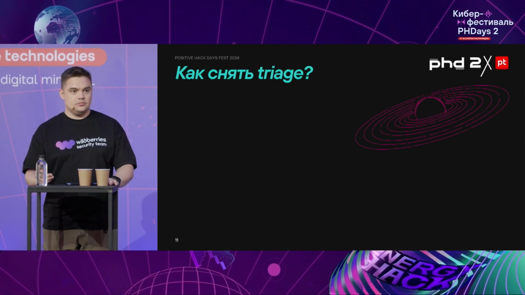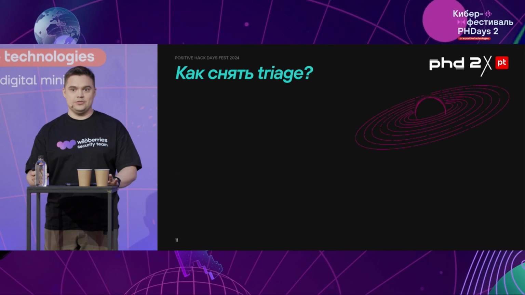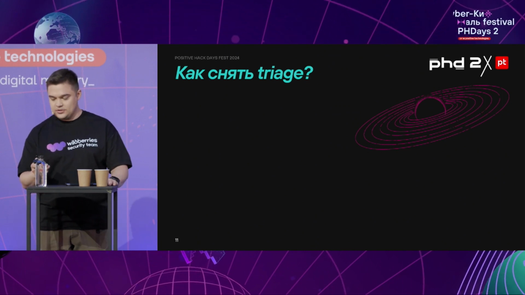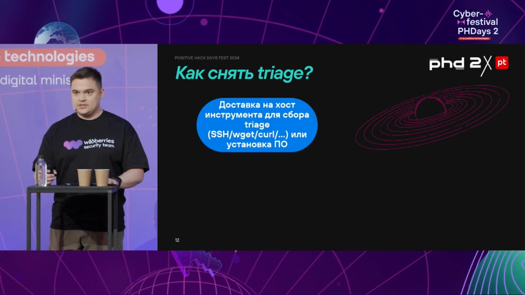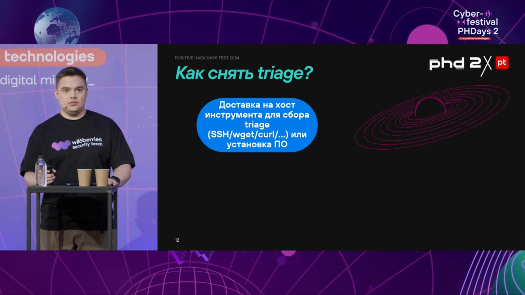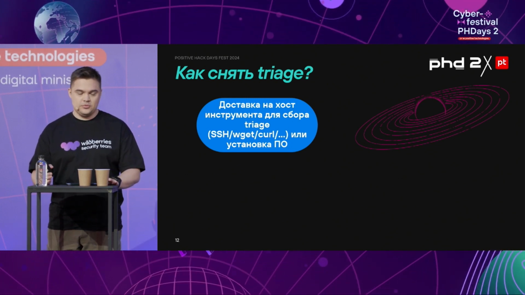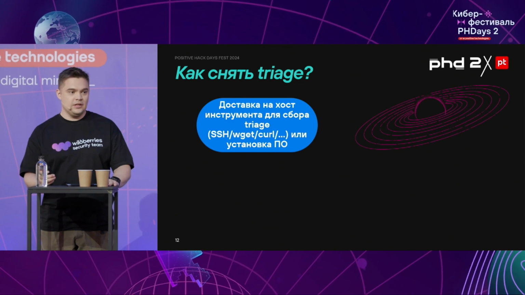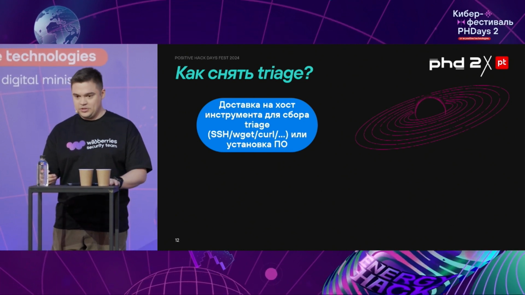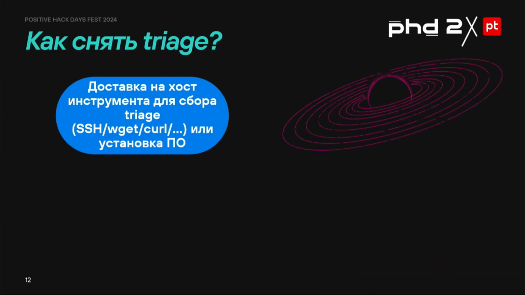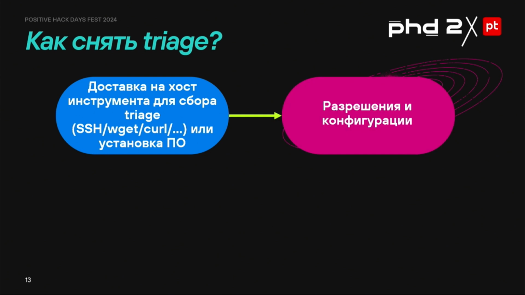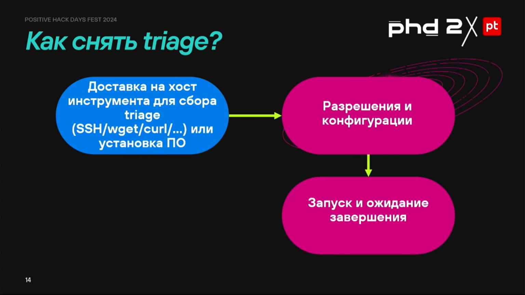How do you collect triage? There's a generic algorithm that you could use. First is to deliver the necessary tool to the host by any means, or to install a tool if it has to be installed. Second, to obtain all permissions and rights, and if it has to be configured, then to configure it.